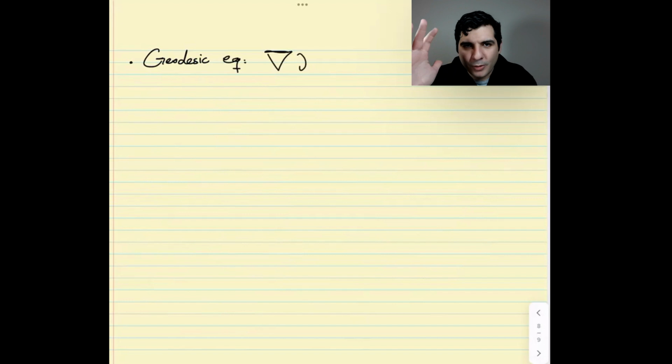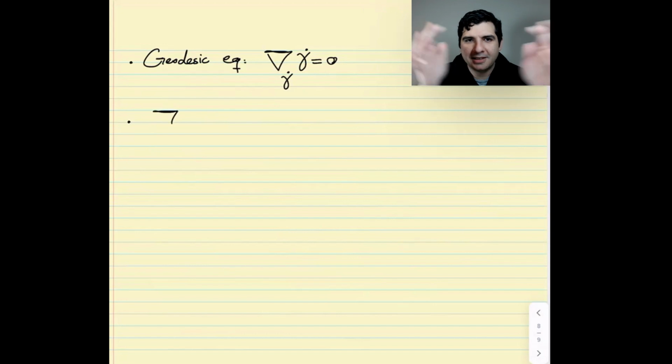So remember, the equation for geodesics is the following. Gamma is a geodesic if the derivative of gamma dot in the direction of gamma dot is 0, right? That's our equation. We should write down this equation in coordinates to see what we would get.